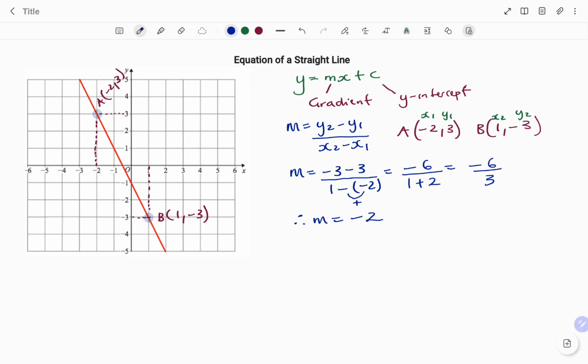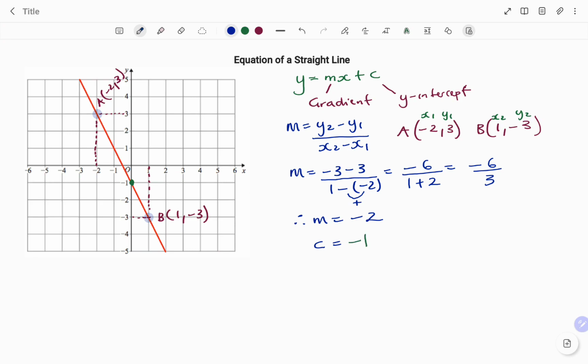The next step is to find my c, which is my y-intercept. If I go back to the graph, I need to figure out where the straight line passes through the y-axis. And as you can see, as highlighted, it's passing through the y-axis at the point x is 0, y is -1.